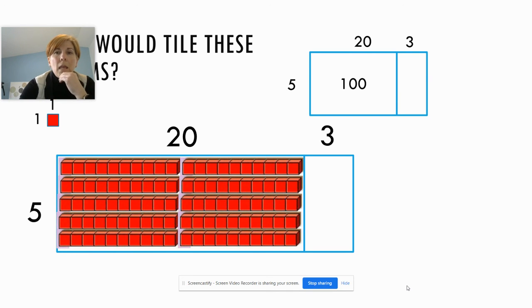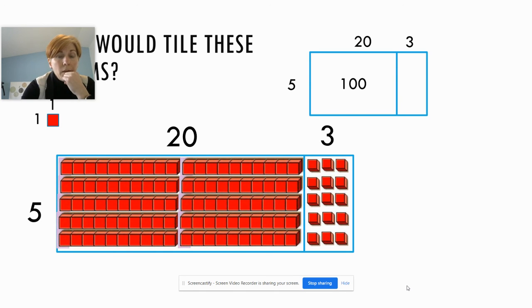Okay, and then now I'm going to tile the other room, and I know I have 3 across, and I'm going to need 5 down. So there's my 5 down. And once again, I don't like counting by 3, so I'm going to count by 5s. And I have 3 rows of 5. So 5, 10, 15.